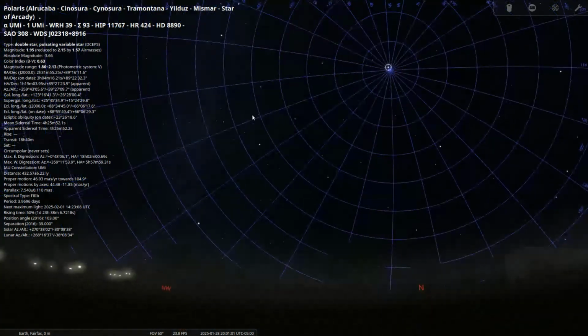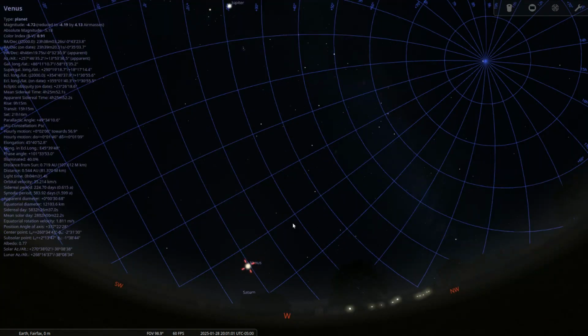Again, you can see that if I were to choose Venus, Venus currently has a right ascension of 23 hours, 36 minutes, and a declination of negative 0 degrees, 35 minutes. So it's slightly below the celestial equator.